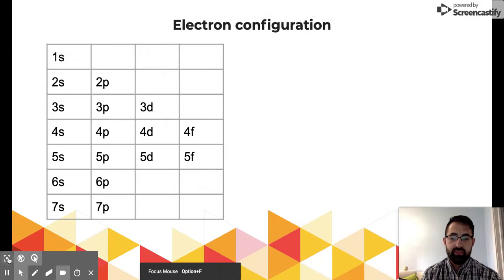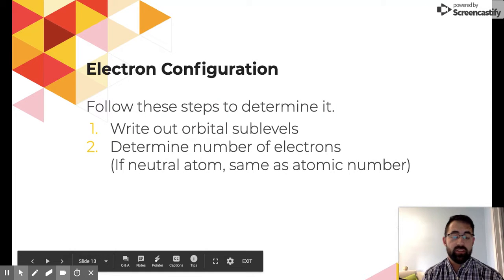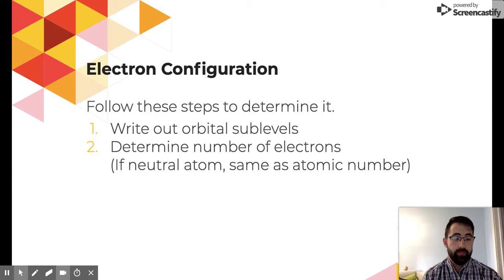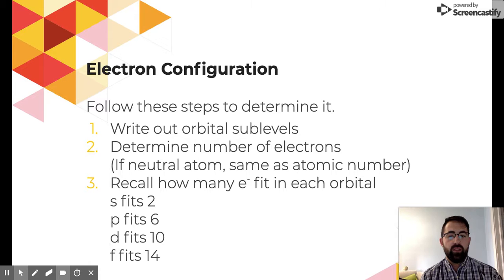All right, the second step is to determine the number of electrons. If it's a neutral atom, it's the same as the atomic number. We're not worried about the number of neutrons for the isotopes because that doesn't matter. So we're just going to look and say, are we talking about an element or an ion? Ions have gained or lost an electron. We'll talk more about those in the next lesson. Then we recall how many electrons fit in each orbital.